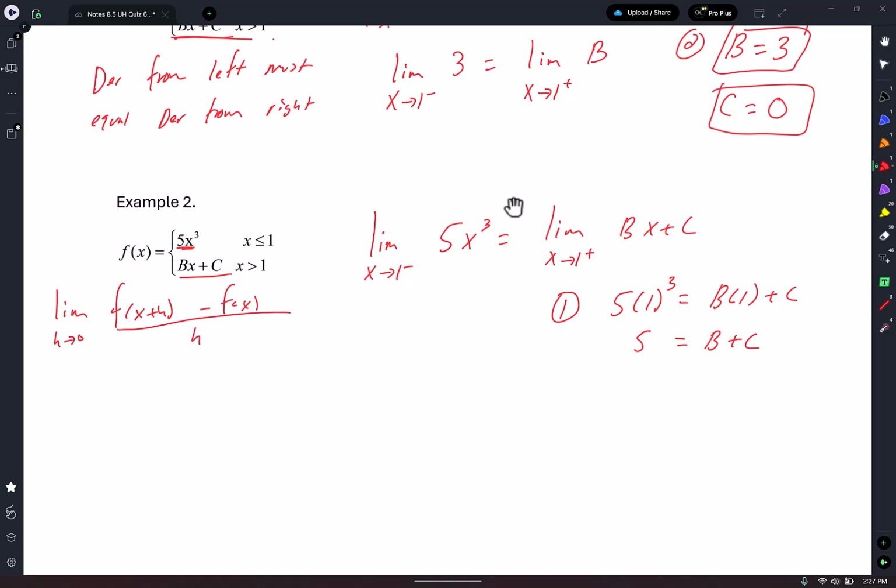Do you want me to leave it in terms of x, or do you want me to plug in a 1 in there? 1 plus h. Okay. It doesn't matter to me. I'm going to plug in an x. Sorry.